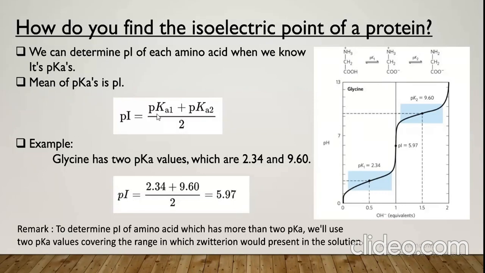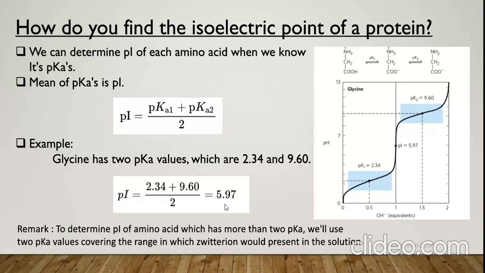For example, glycine has two pKa values which are 2.34 and 9.60. So pI will be (2.34 + 9.60) divided by 2. That will be 5.97.